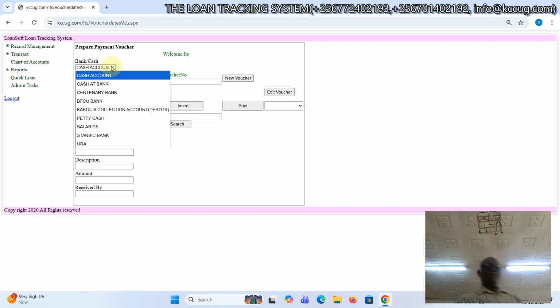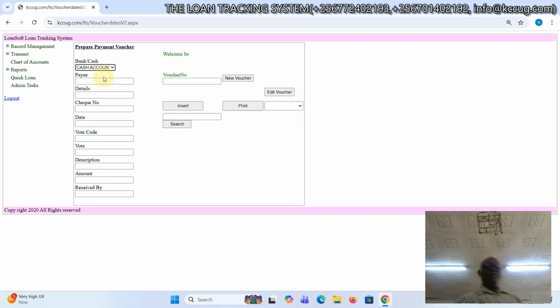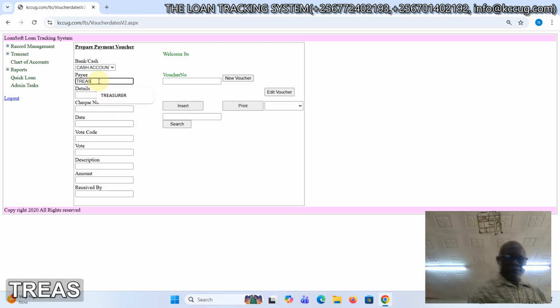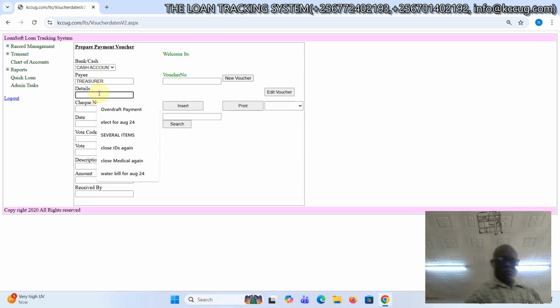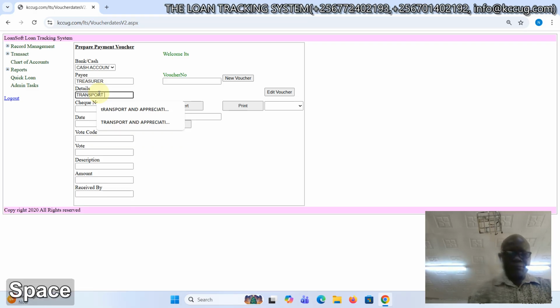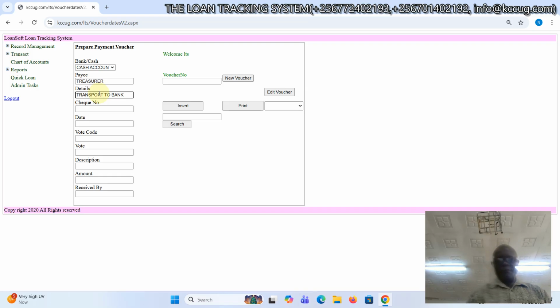Indicate that the money is coming from that account. Treasurer. Details: passport. Bank. Okay.